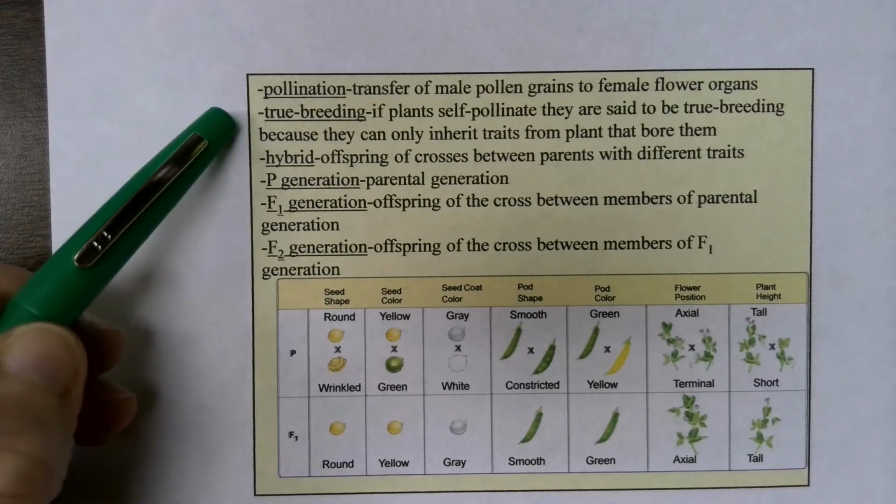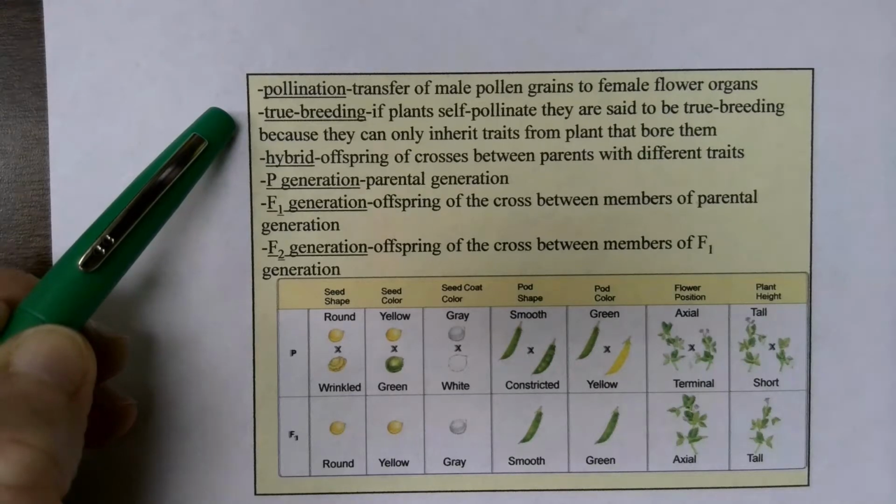He started out working on true breeding situations where he allowed the plants to self-pollinate, moving pollen from the male part of plant A to the female part of plant A.